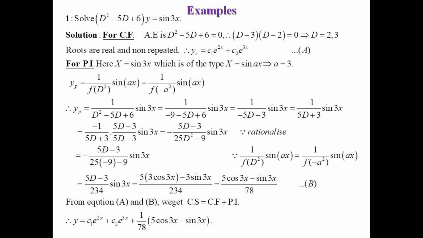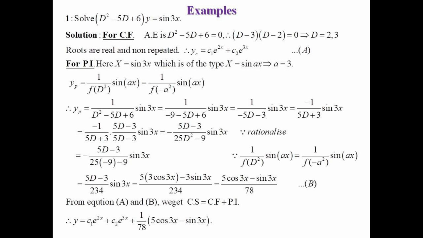If we simplify the denominator, we get minus 5D minus 3, into sine of 3x. For simplicity and to avoid complications in calculation, take the minus sign as common, then we get minus 1 upon 5D plus 3, into sine of 3x. Now the question arises: how to apply the formula?